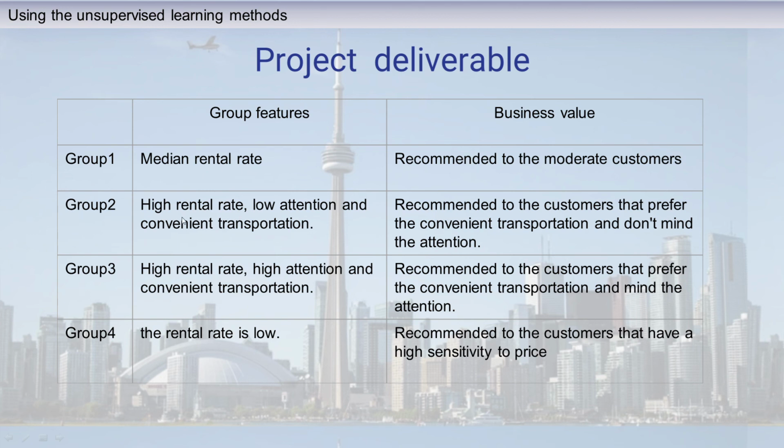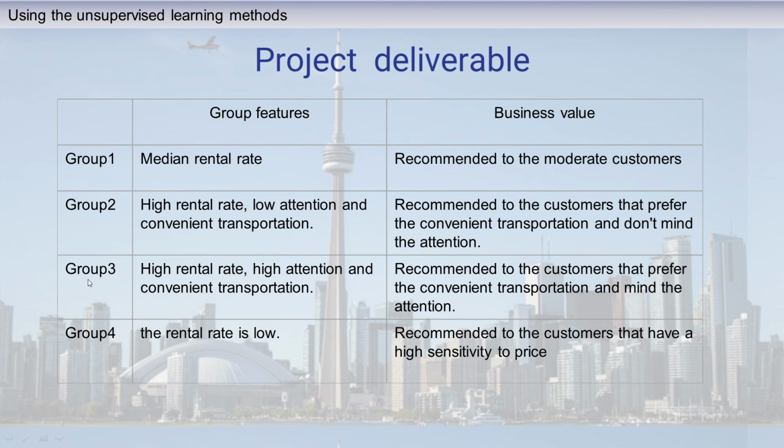Group 2 has a high rental rate, low attention because it has fewer reviews, and convenient transportation because most of the listings in group 2 are located in the downtown. So group 2 has convenient transportation.